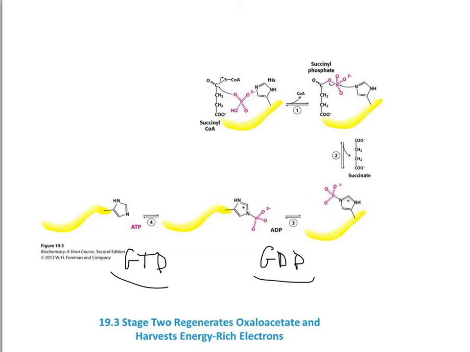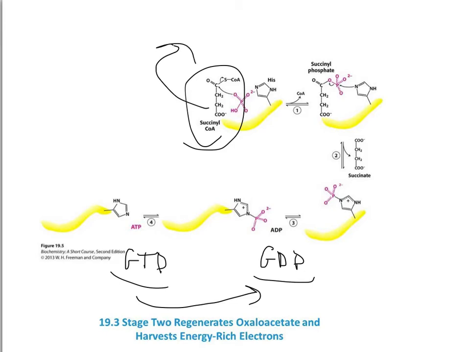A lot of times what happens is GTP gets converted to GDP to form succinyl-CoA, so that takes succinate and can create succinyl-CoA by running the reaction backwards.